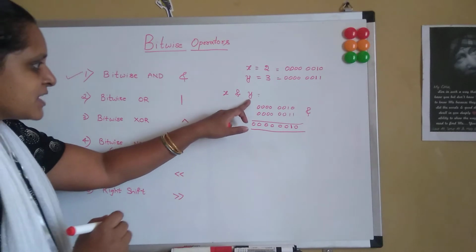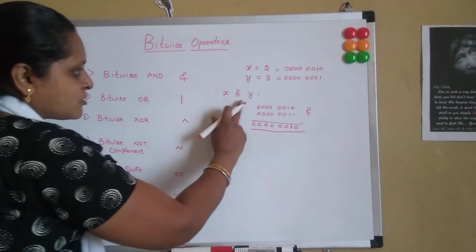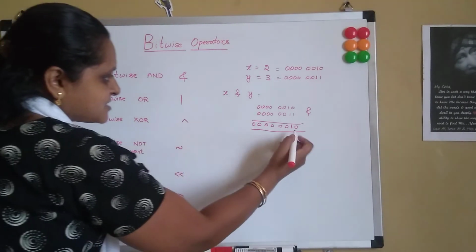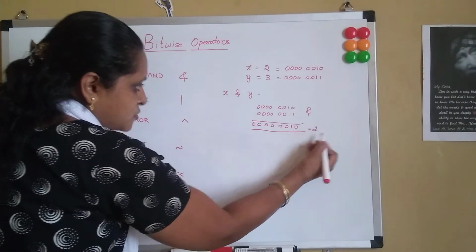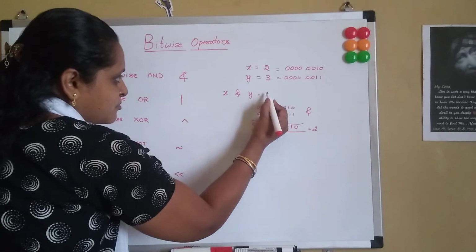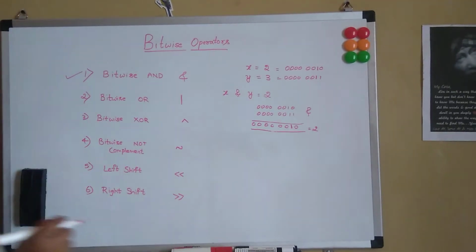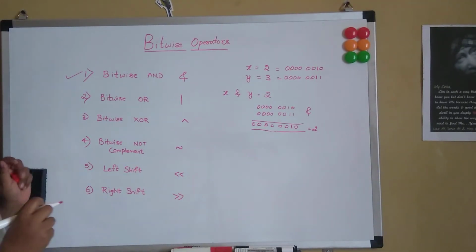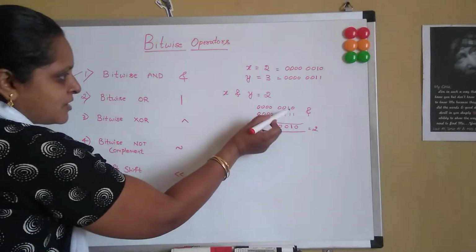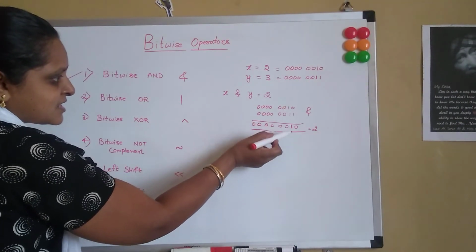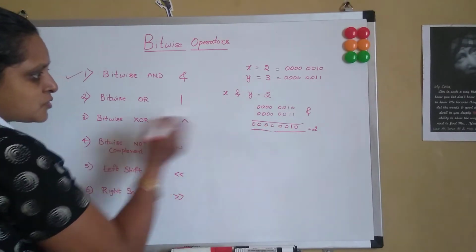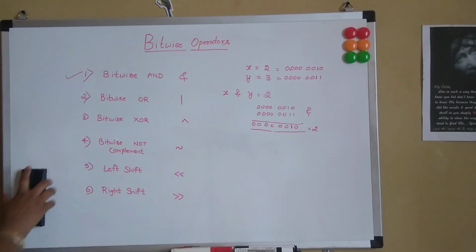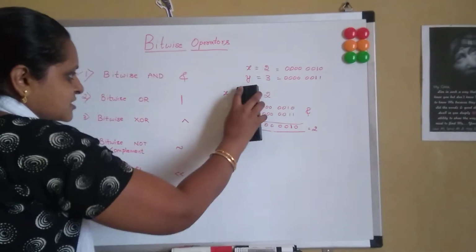So x and y, when we perform it on the binary digits, is equal to the binary format of 2, so x and y has the value 2. This is how the AND operation works in Python. Only when both the bits are 1, the resultant is 1. If any one of them is 0 or both are 0, the resultant is 0. So this was the AND function.